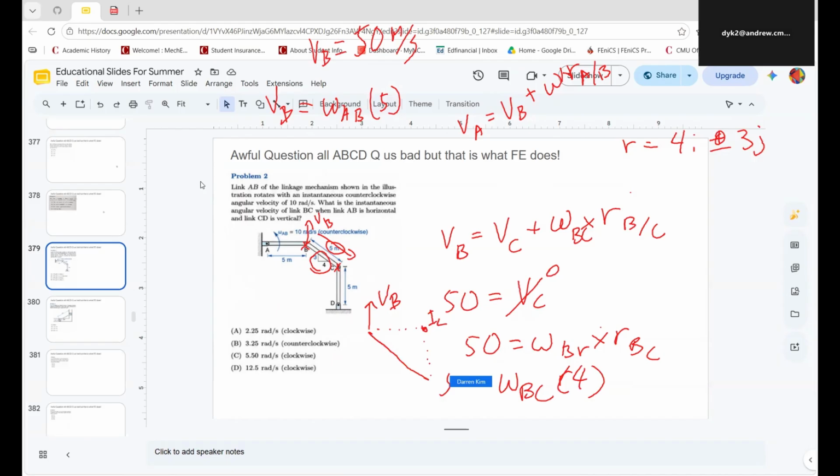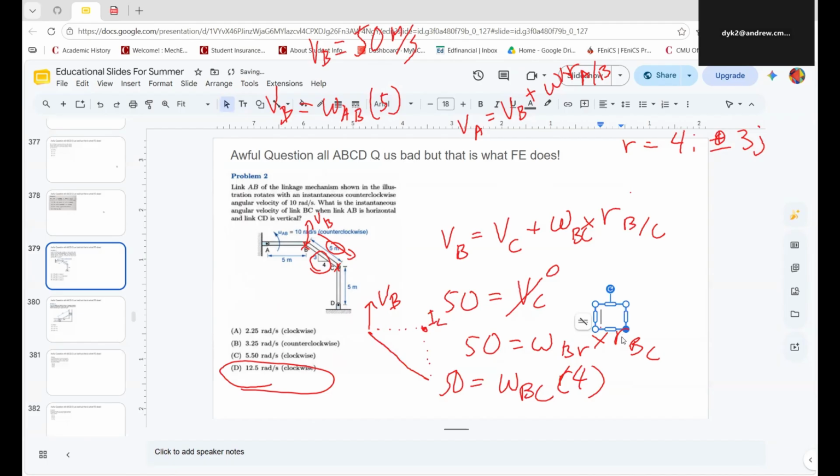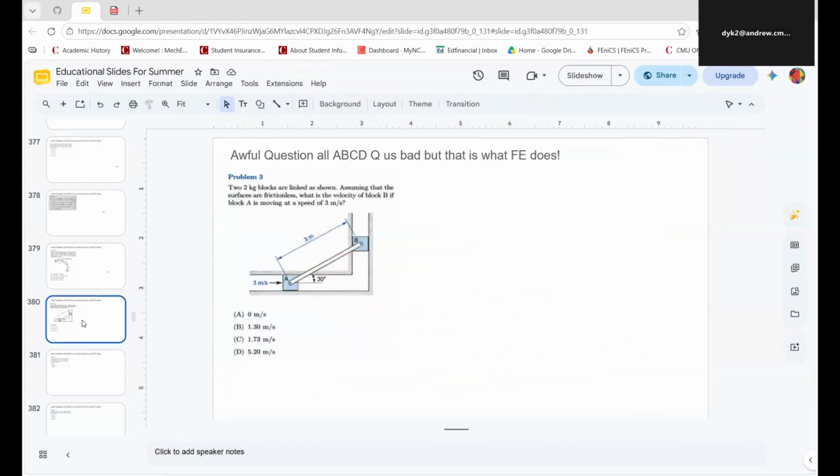Let me grab my calculator. 50 divided by 4 is about 12.5. There's only one clockwise, so it is D. And that is true. I must have done the cross product wrong because it should have been negative, but anyways, I got the value correctly, and we're going to keep on doing this stuff.